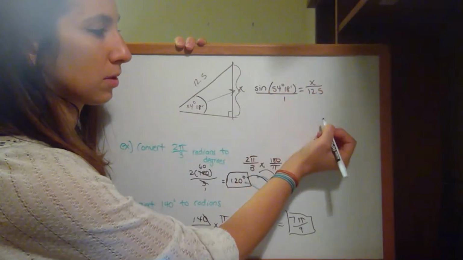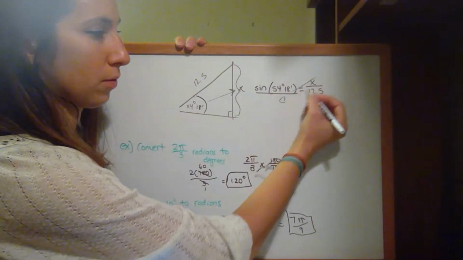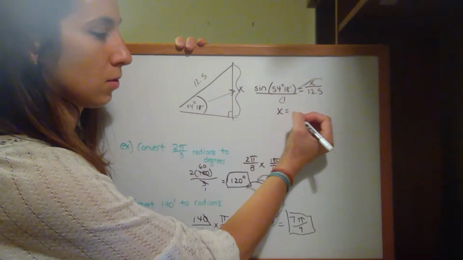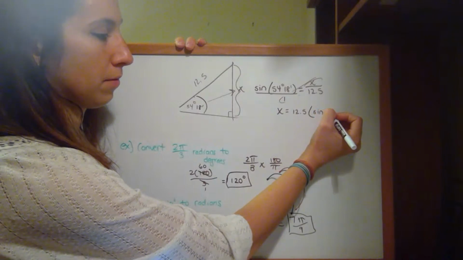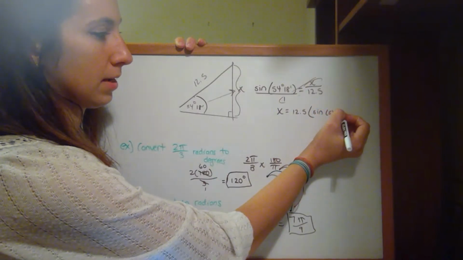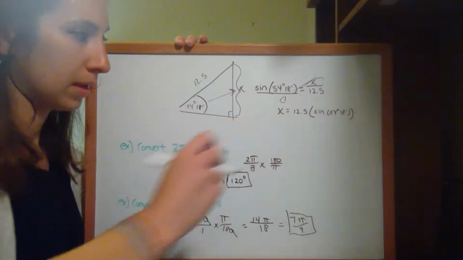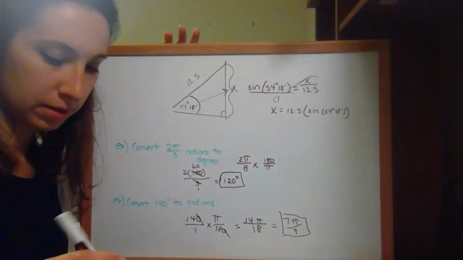And then you would cross multiply. So you could throw that over 1. Then you have x equals 12.5 times the sine of 54 degrees, 18 seconds. Okay, you're going to put this all in your calculator.